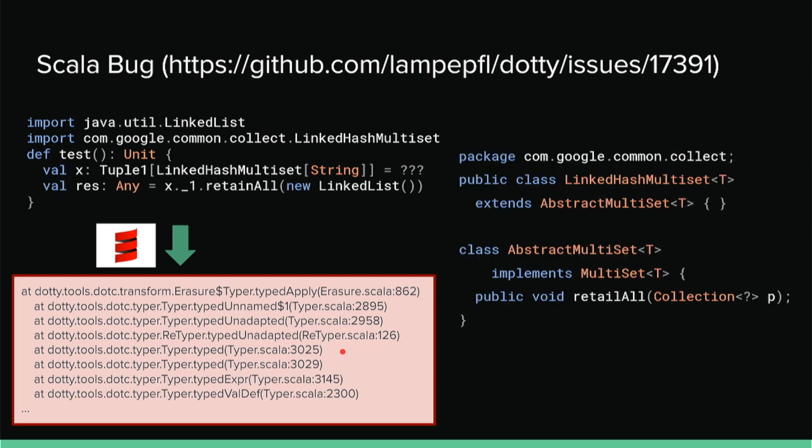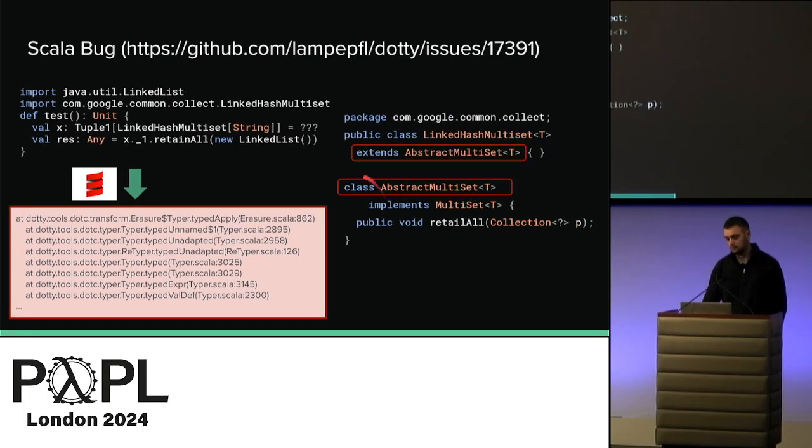The reason is that if we look at the definitions found in the library, we see that retainAll is defined in a class inherited by LinkedHashMultiset. As you see here, this superclass has a default access modifier, meaning that this class is not accessible via code outside this package.